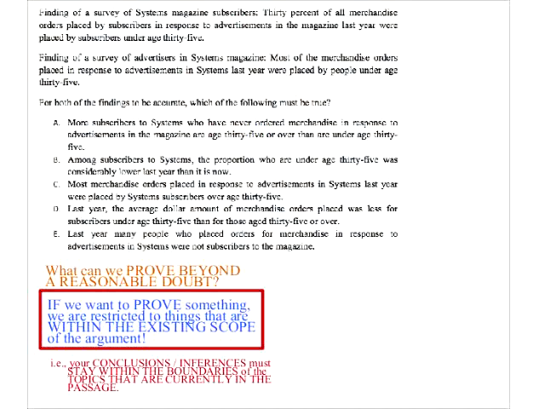That's what scope means. So on these problems, you have to stay within the existing scope of the argument.